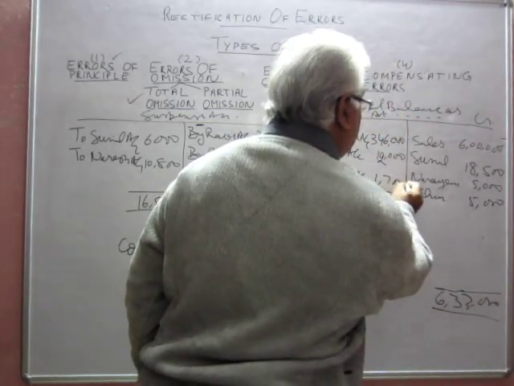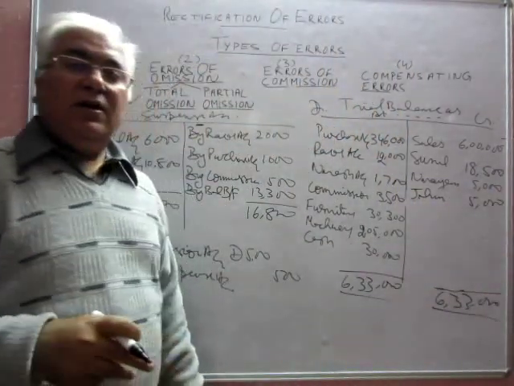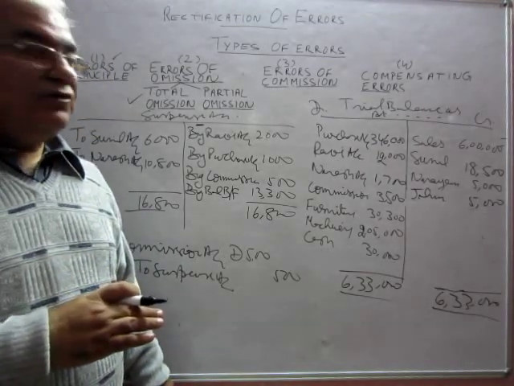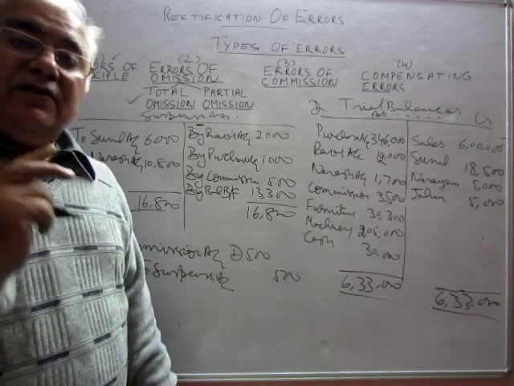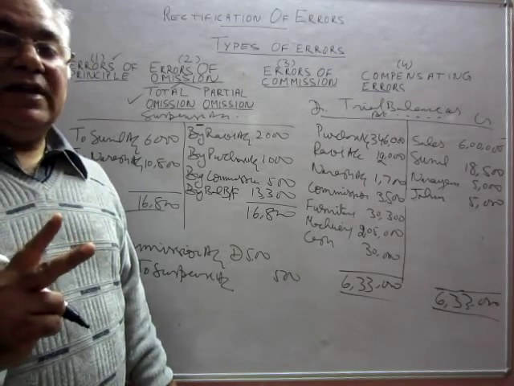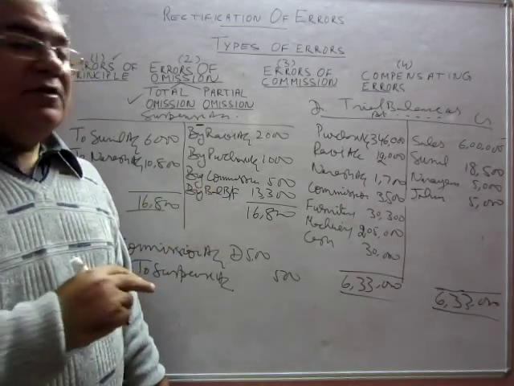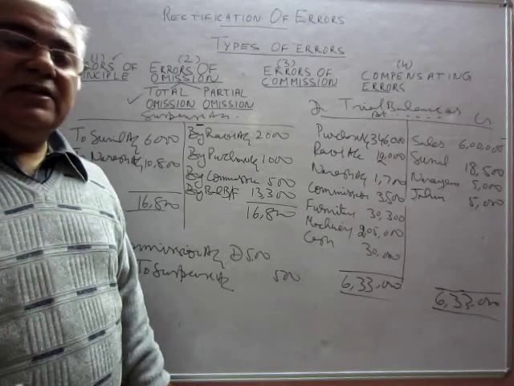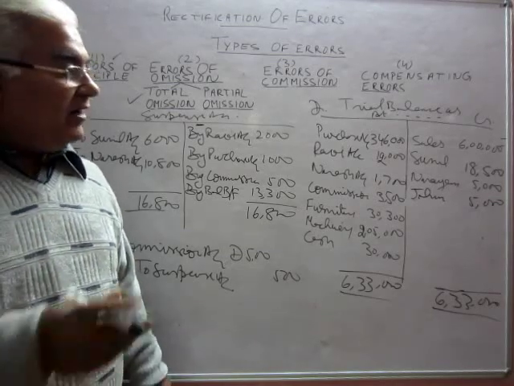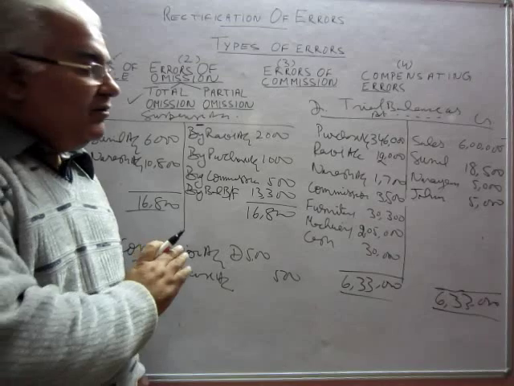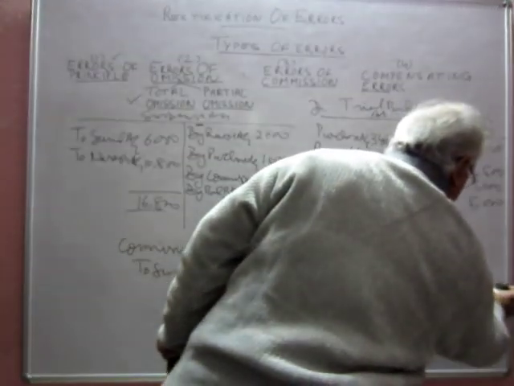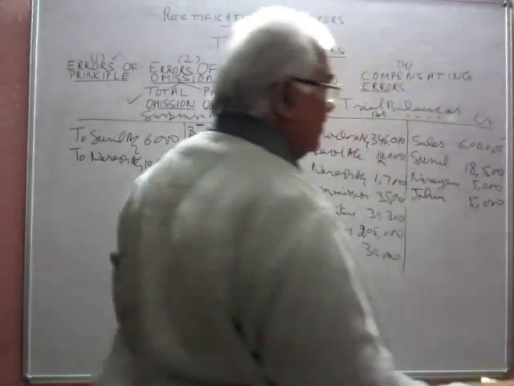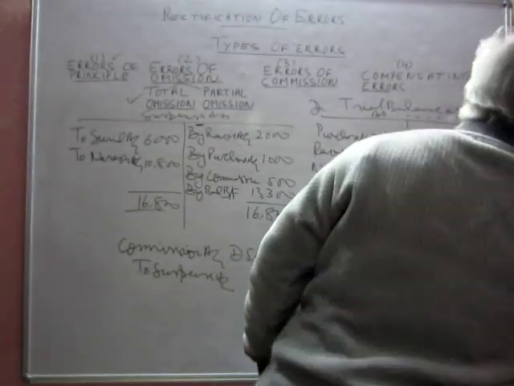You see, all these 3 or 4 errors which I have just shown you were not affecting our trial balance because they were affecting 2 accounts. That's why they were not affecting trial balance. But though they are mistakes, they should be rectified, and we have rectified. Now we shall retotal our trial balance. This is our properly tallied trial balance. So what is the total of this?